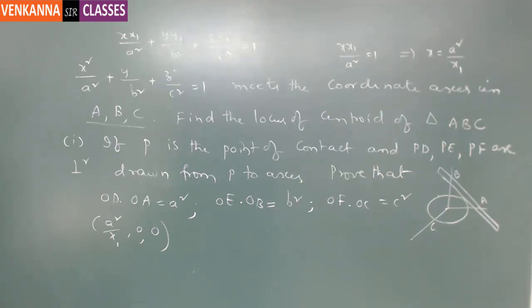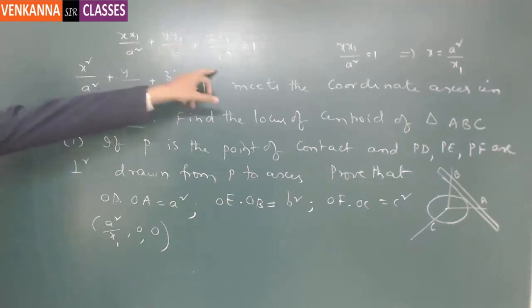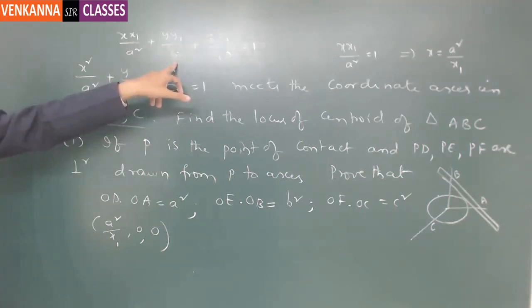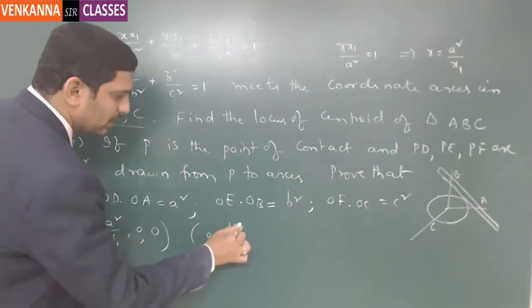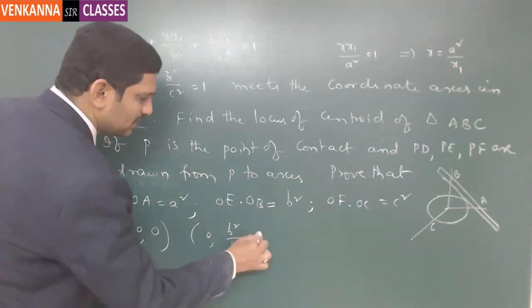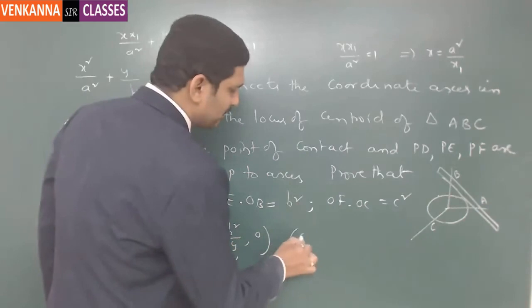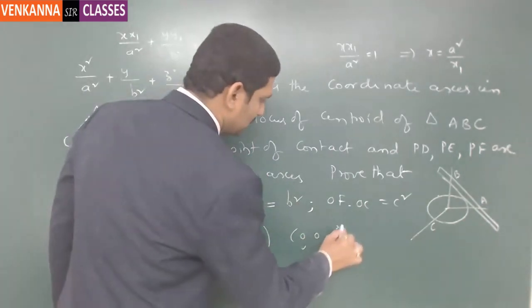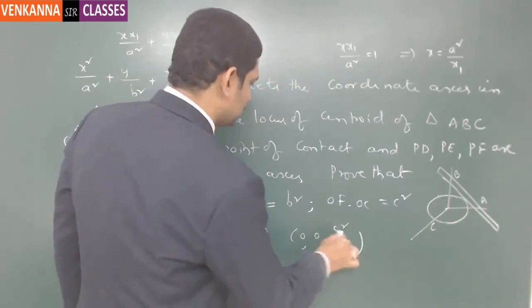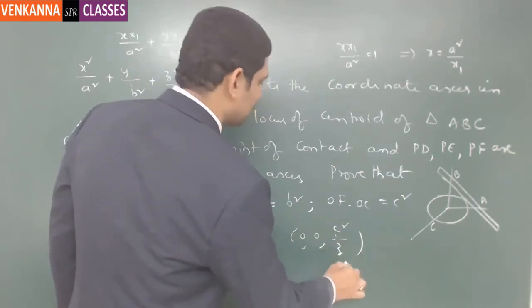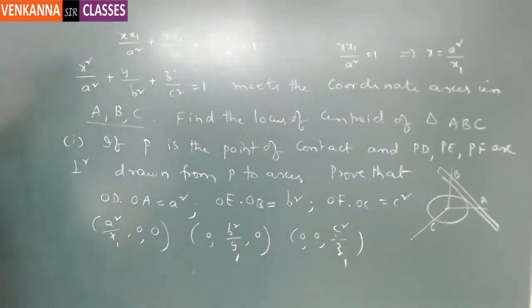Similarly, you can substitute x and z as 0 here, you will get the y-intercept. So it is nothing but 0 comma b square by y1 comma 0 and the z-intercept 0 comma 0 comma c square by z1. Please check how I have calculated the intercepts.